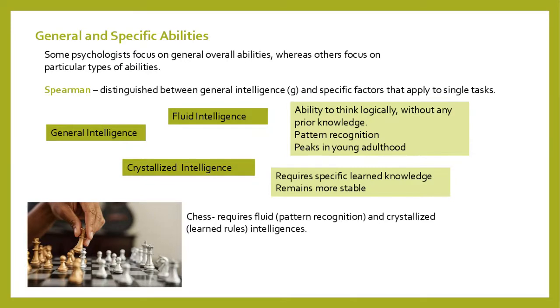So Spearman distinguished what was called a general intelligence, an overall intelligence, for which G was the name given, and specific factors that apply to single tasks. Within general intelligence, there's fluid intelligence. That means pattern recognition, the ability to think logically without any prior knowledge.